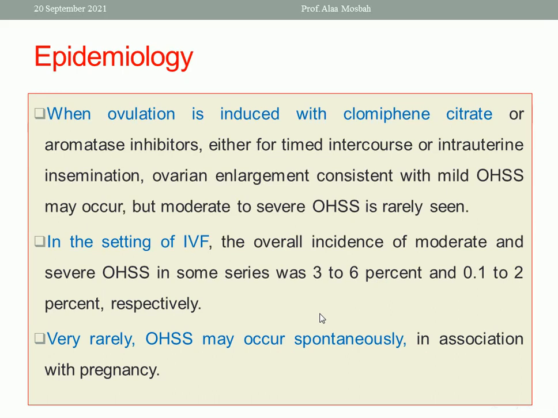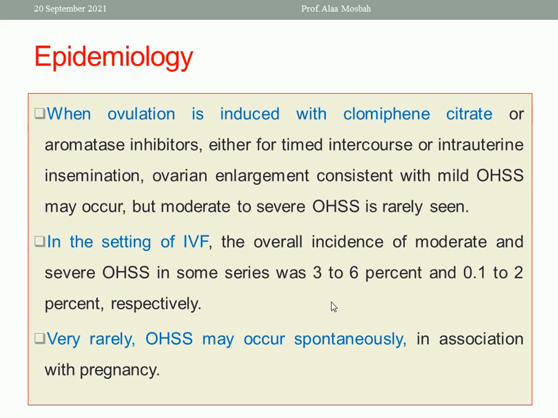But what if we are using oral clomiphene citrate? It is rare to occur. Severe cases are very rare with clomiphene citrate, but mild cases can happen with it.